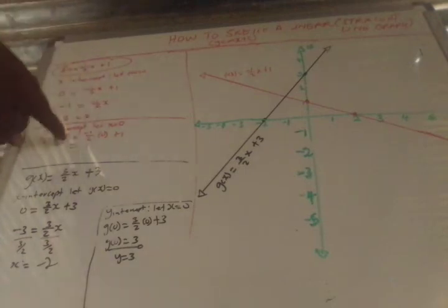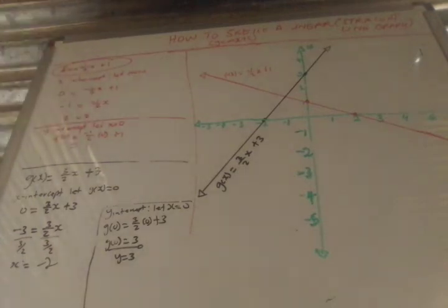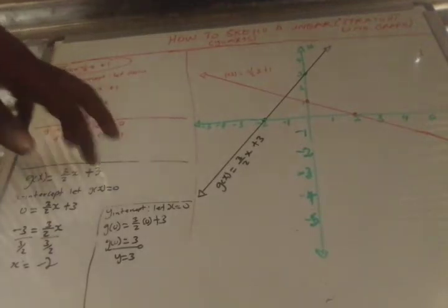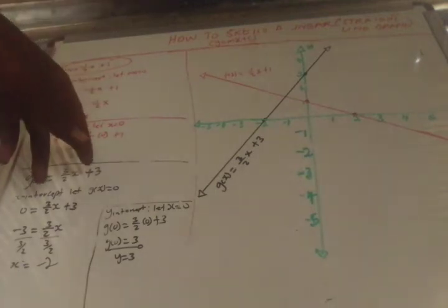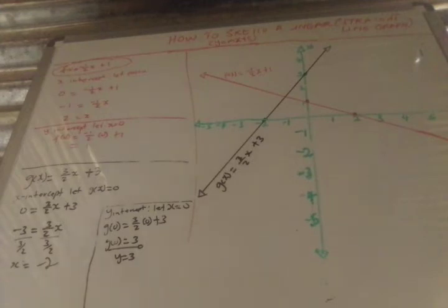This f of 0 basically means that we are substituting x equals 0 in the f of x function, so there's nothing to stress about. Negative 1 over 2 times 0 is 0, plus 1, we end up with 1. It means that the graph of f will touch the y-axis at the point 1.